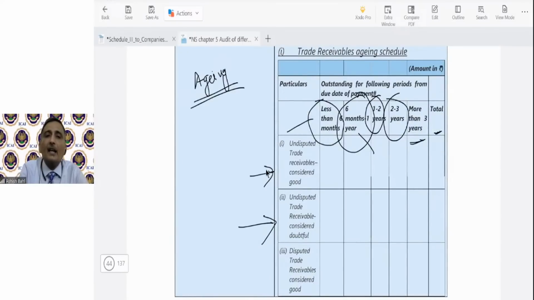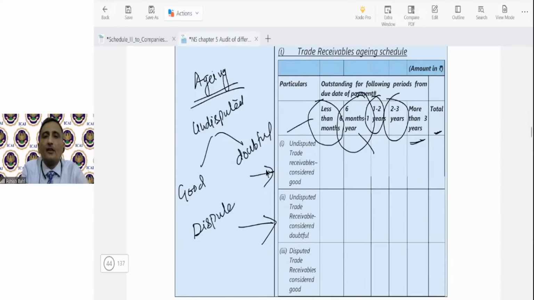Under undisputed trade receivables, you have to categorize them as good and doubtful. And in disputed trade receivables, you also have to categorize them as doubtful.